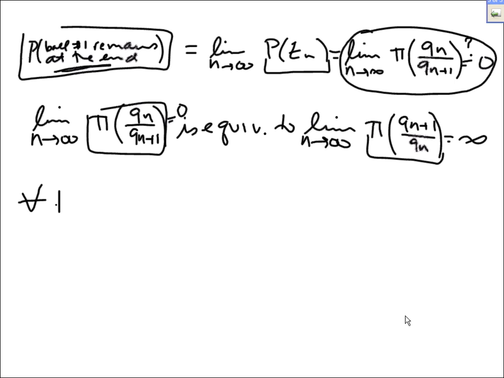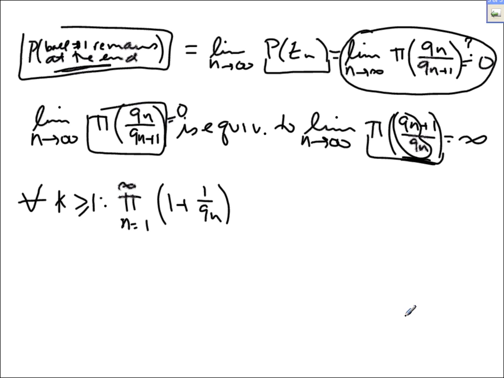For all k bigger than or equal to 1, we're going to have this, that the product as n goes from 1 to infinity of 1 plus 1 over 9n. That's exactly what I have here. 9n over 9n is 1 plus 1 over 9n. So this here is exactly what I have at the top right.